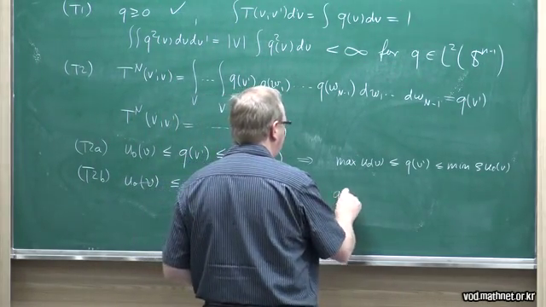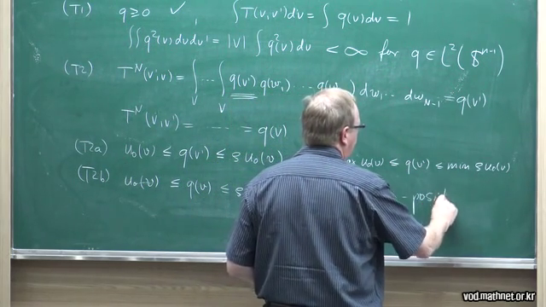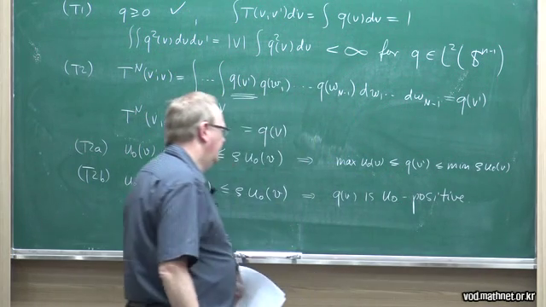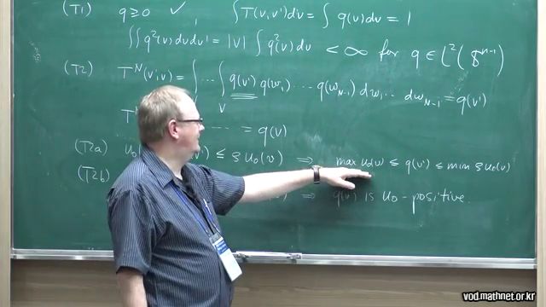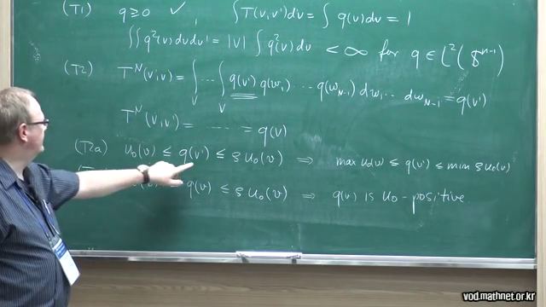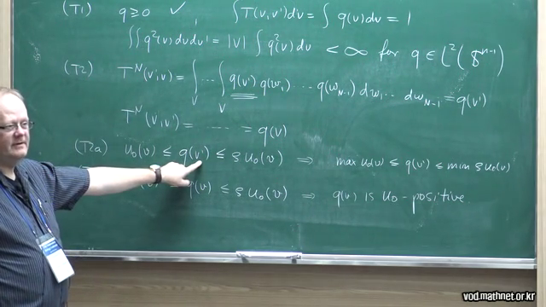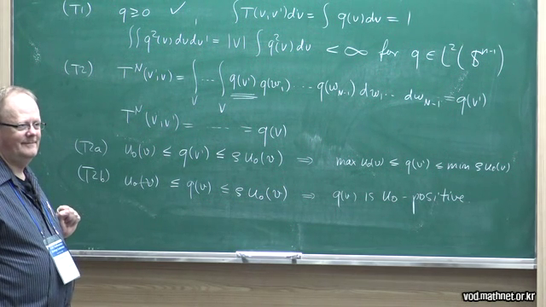So Q of v is U0 positive. That's what it says. The right side is stronger than the left side? Yes, but it's implied because you have a different variable v' here.